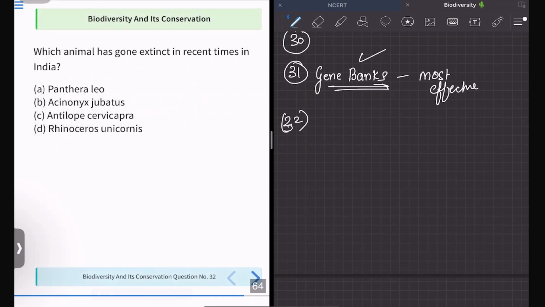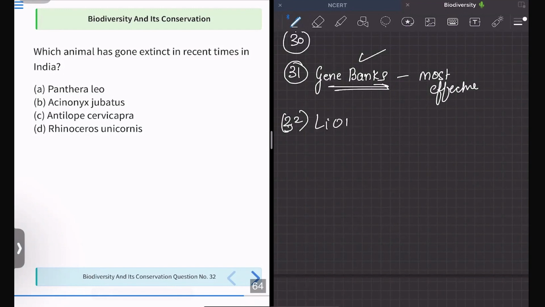So with this, let's move to our next question, 32, and try to figure out what it was trying to assess. In question 32, another factual question is being asked: which animal has gone extinct in recent times in India? Again, a common knowledge question. In India, in recent times, if you have paid some attention, the lions are becoming extinct.